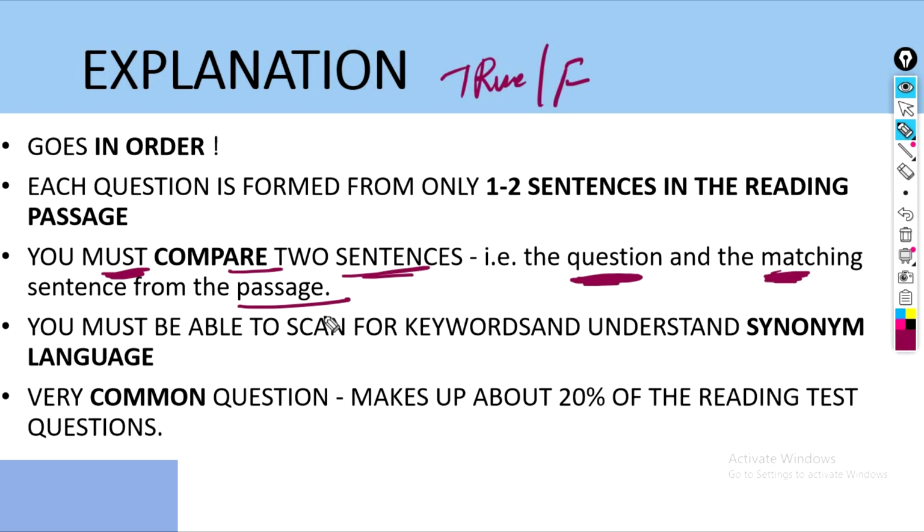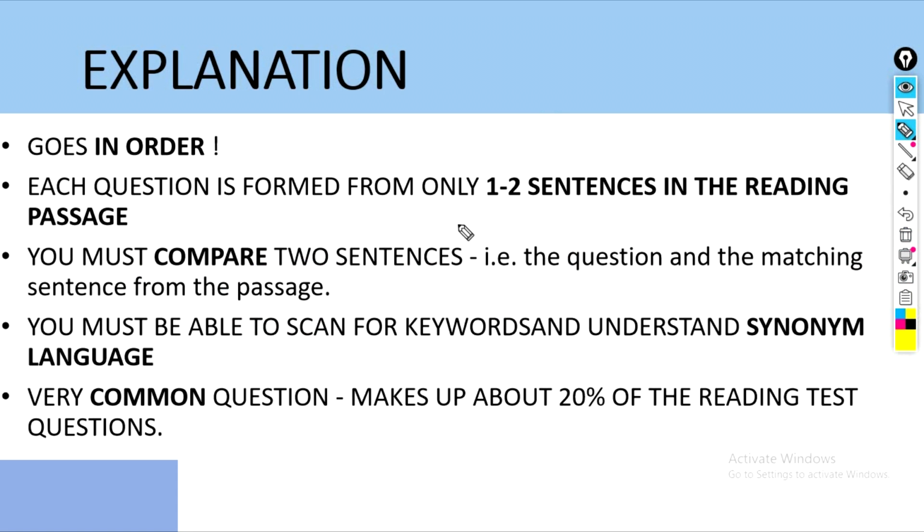So basically you are going to see what the question is saying and what the reading passage is saying. And we are of course looking at only 1 to 2 sentences from the reading passage.